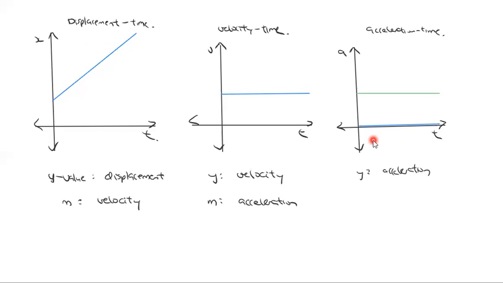It will look like the displacement time graph. All right, so then what would happen to the displacement time graph? Maybe like a half a parabola. Yeah, pretty much.